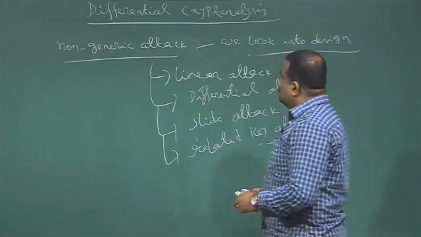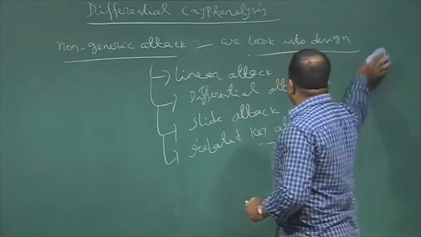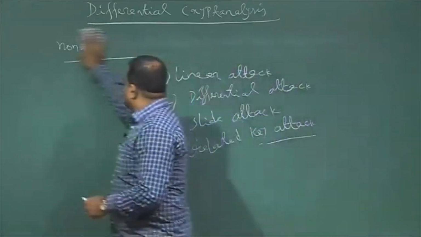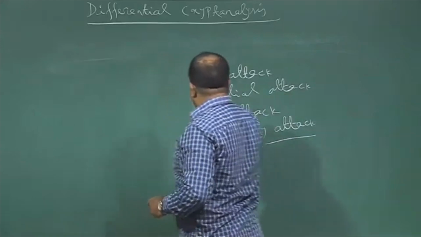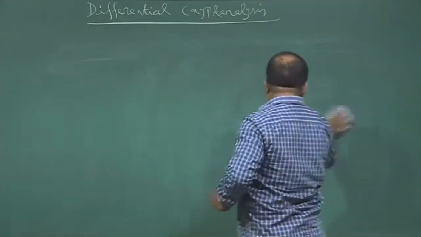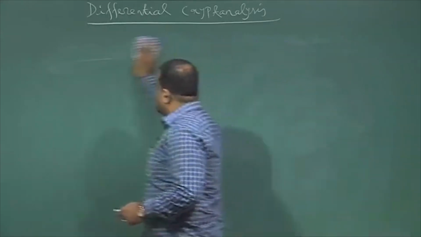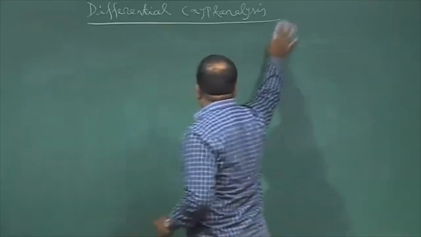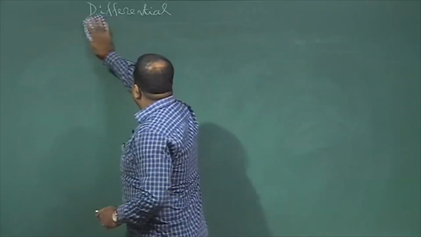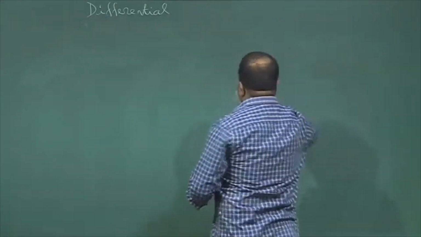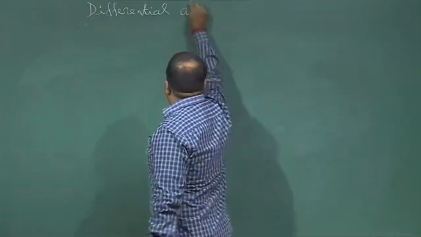Okay, so let us start with the differential attack, which is a non-generic attack. The differential attack was introduced for block ciphers. It is used to find the rth round key of the block cipher.